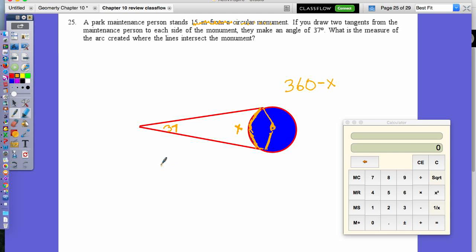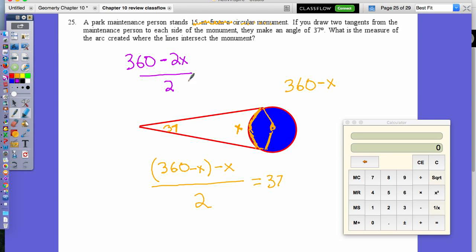So we take the larger arc, subtract the smaller arc, divide by 2, and we need to get 37. So I'm going to rewrite this up here. 360 minus x minus x, which is 360 minus 2x, divided by 2 equals 37.